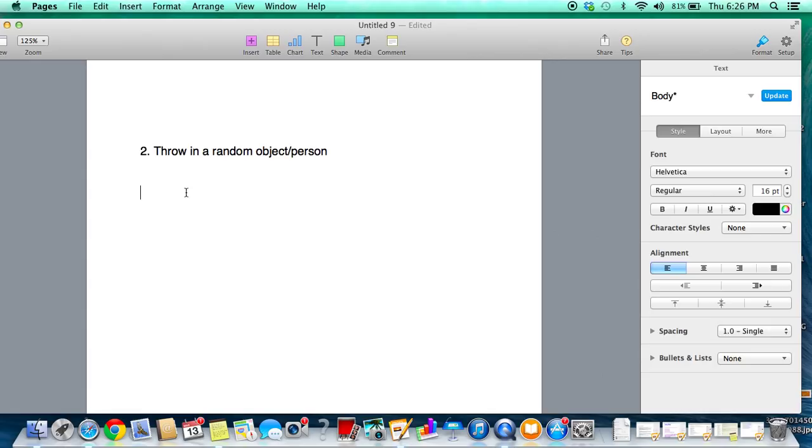So a random object to me may be, I don't know, we could use a crucifix, even though I know that's related to the priest. Or that's the first person you think of it being related to. We could have a dog.